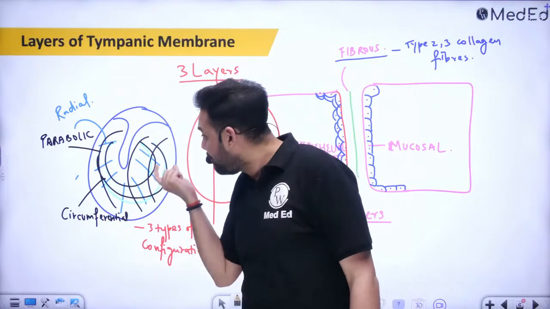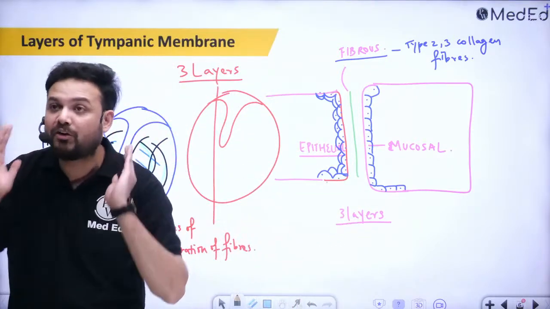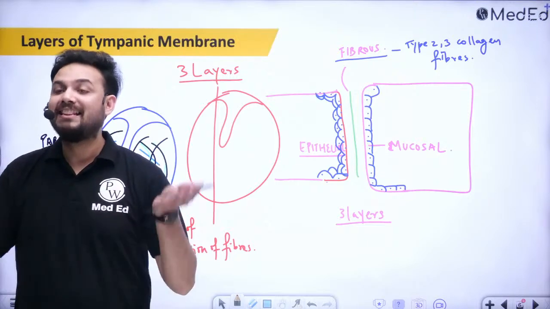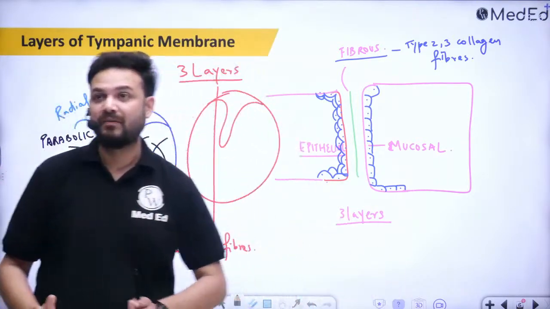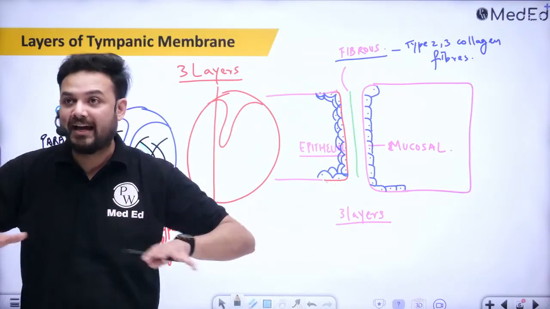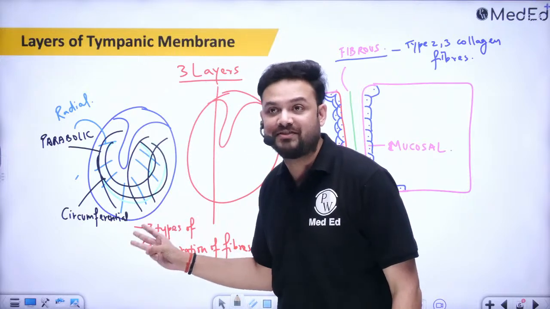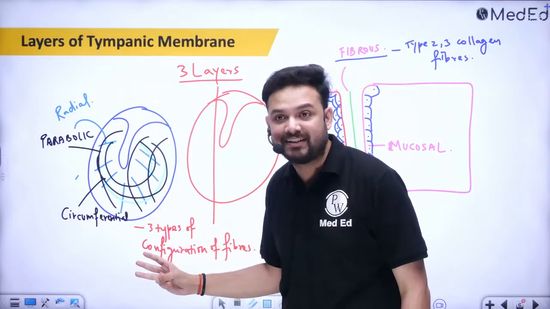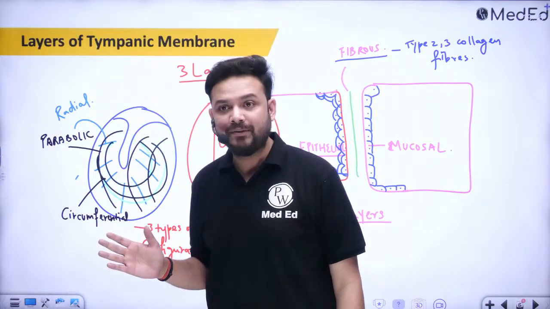That means pars tensa has got a very good and tight arrangement of fibrous layer. And that is why pars tensa is tense. Why? Because it has got a very well formed fibrous layer and it has got all the 3 configurations of fibers inside this pars tensa. तभी हम tensa को tense बोलते हैं. Are we understanding that? Right?